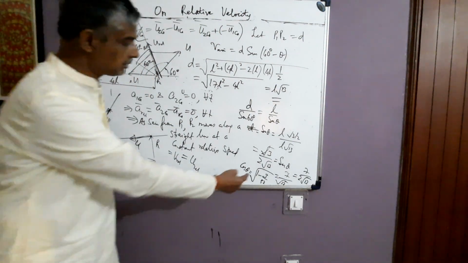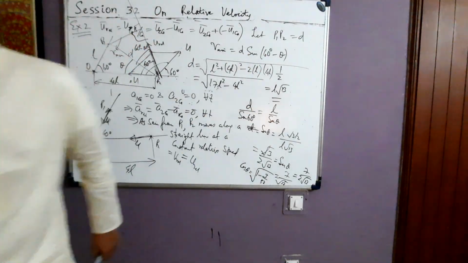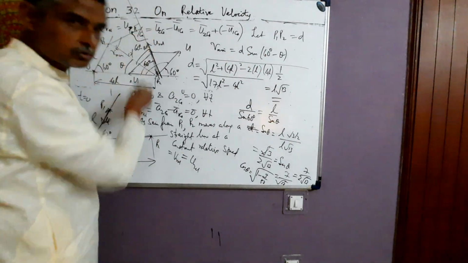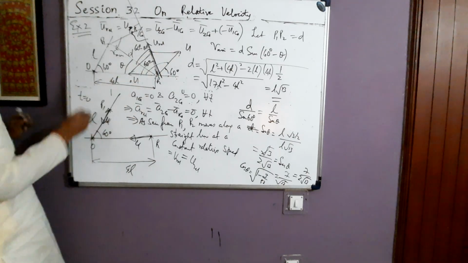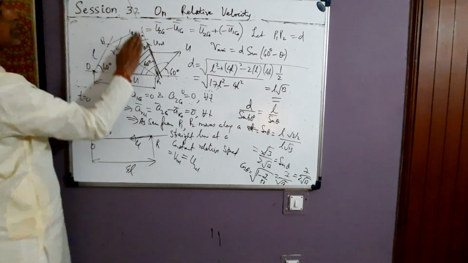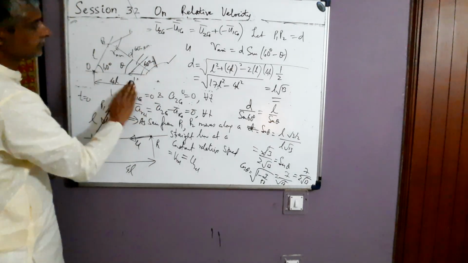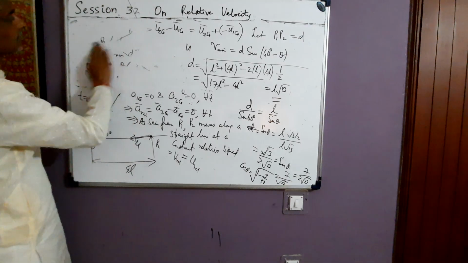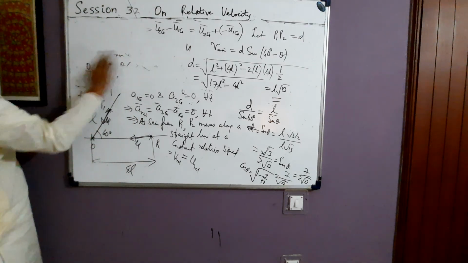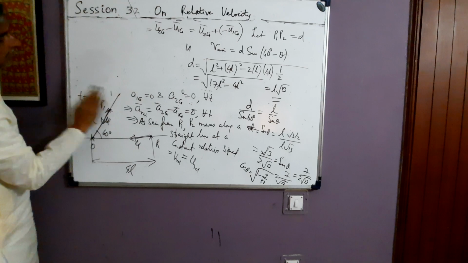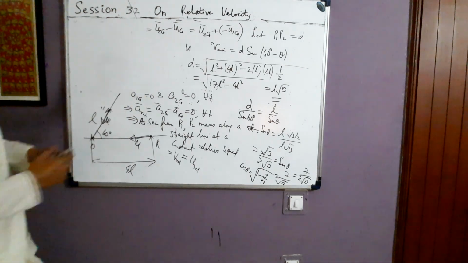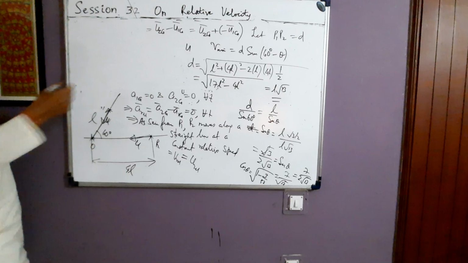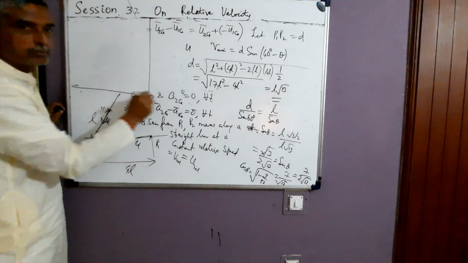Now we must substitute this in this answer. I'll rub this out. So R minimum is equal to D sin 60 minus theta. I'll write the complete calculation here.